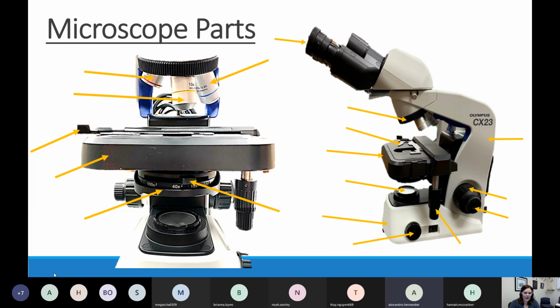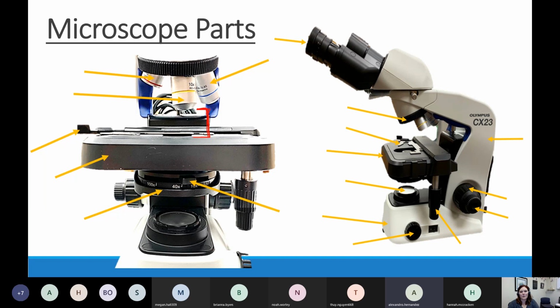That's actually a good place for me to mention one of the terms that we'll come back to later. The amount of space that you have between an objective lens and the stage. I'm going to type it in the chat. It's something called working distance.